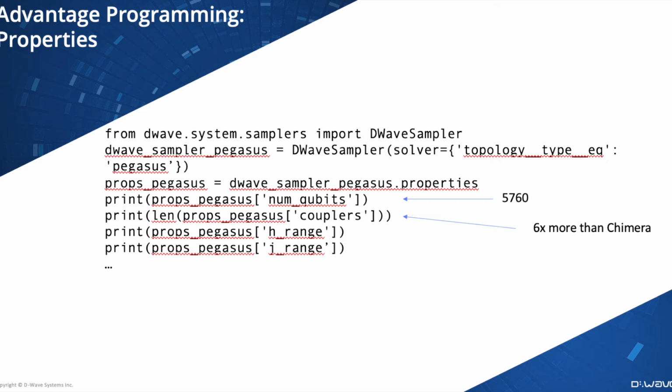So the couplers, the H and J range, the number of qubits, etc. And just briefly, you can see that if you print the number of couplers, and please do this, you'll see that it's on the order of 6 times more than Chimera, indicating that vastly increased connectivity that I talked about.